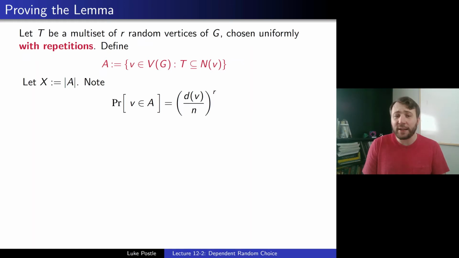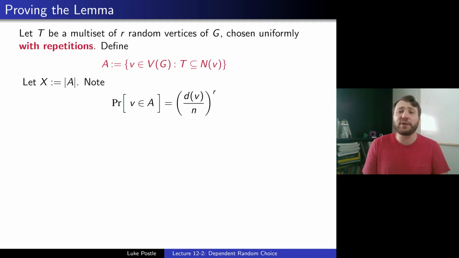So to get to that, what's the chance a vertex is in A? Well, the probability that v is in A, what is it? I claim it's d(v) over n to the r. Why? Well, I'm choosing these vertices at random, so each vertex has a 1 over n chance, it's uniform. And I have d(v) neighbors, that's the degree. So what's the chance?